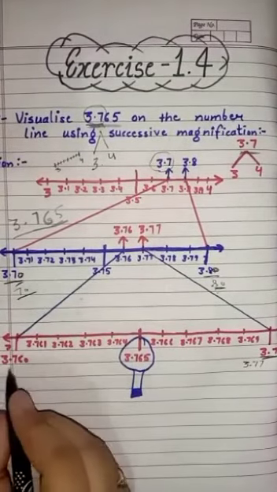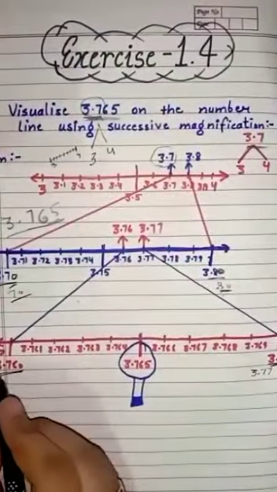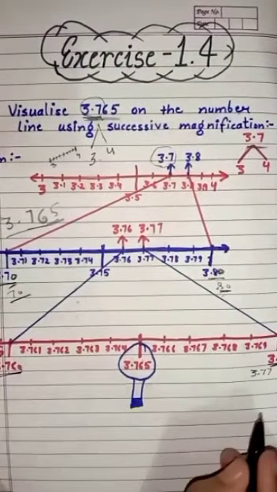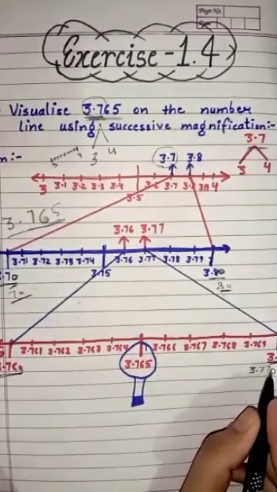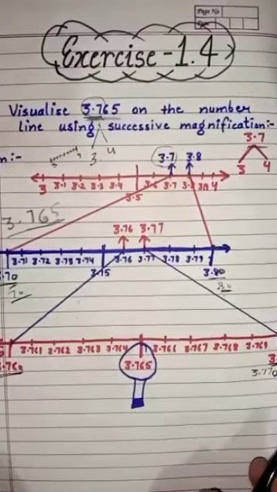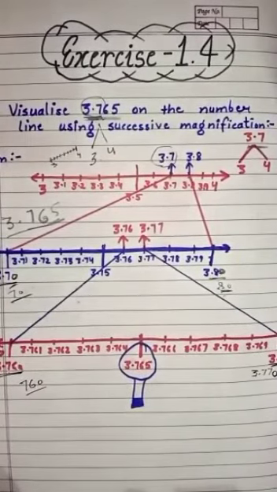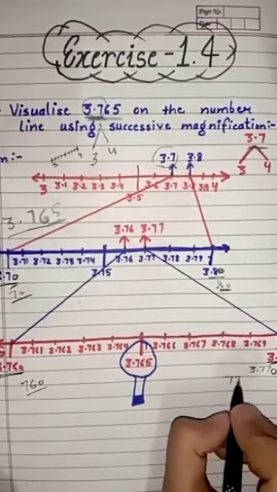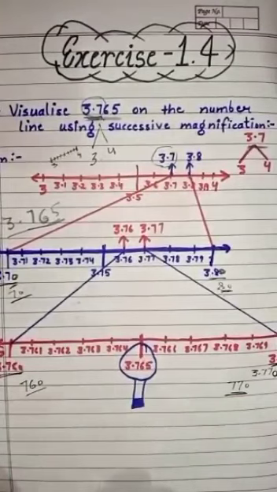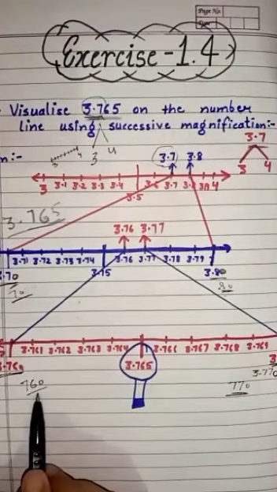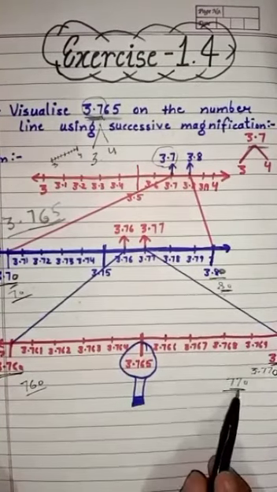Okay, now look, children, you can write 3.76 as 3.760, and similarly 3.77 as 3.770. It means now after the decimal you are having 760 and here you are having 770. Now you have to mark points between 760 and 770.